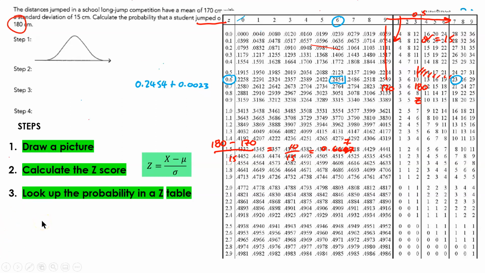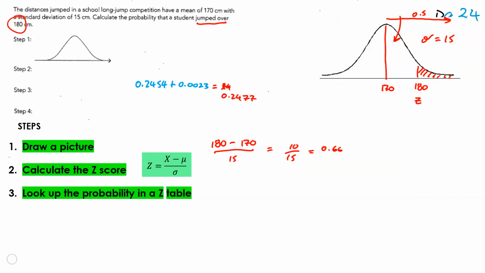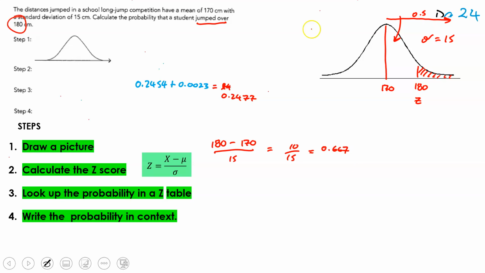Okay. Adding those two probabilities together, don't forget that 67, is 0.2477. So in other words, the area here is worth 0.2477.